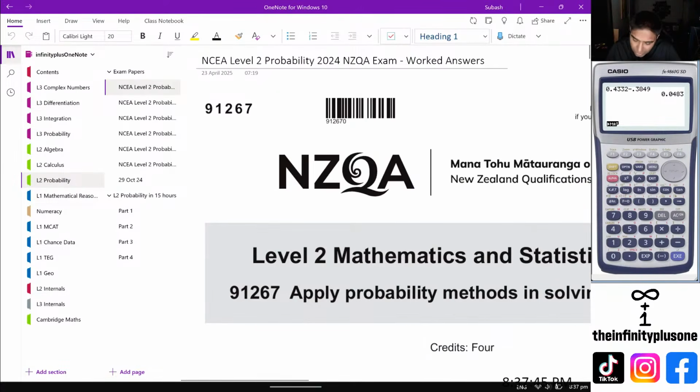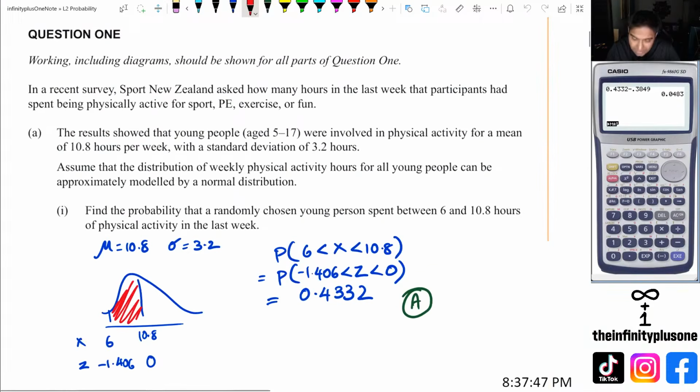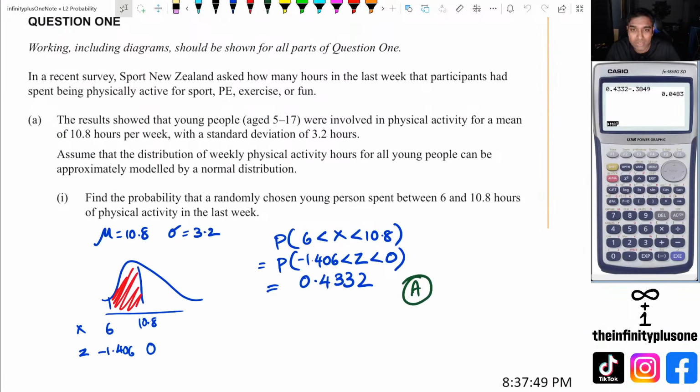Look at that, that's your first Achieved question, it's opening with it. You've got your mean, 10.8, your standard deviation, 3.2, and they're asking between 6 and 10.8.